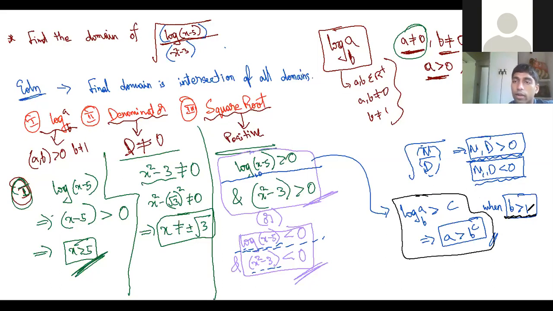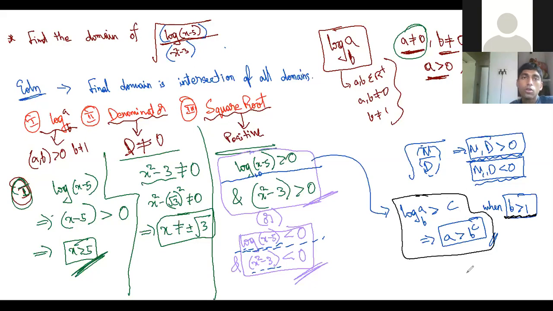This requires some other discussion, which I'm not going to do, because for this you have to understand how the log function works. So better you just remember it as of now. Whenever b is greater than 1, then you can say log a base b greater than c implies a greater than b power c. Okay. Is that okay?